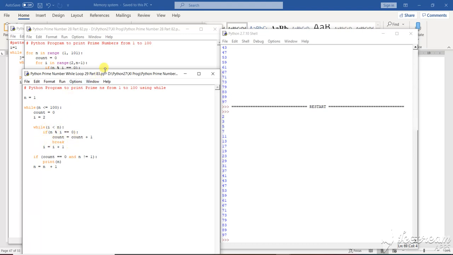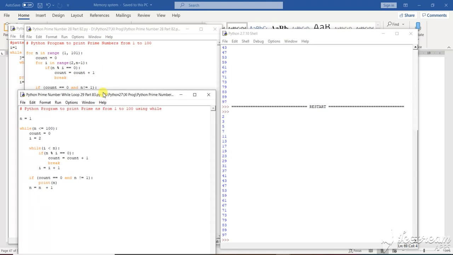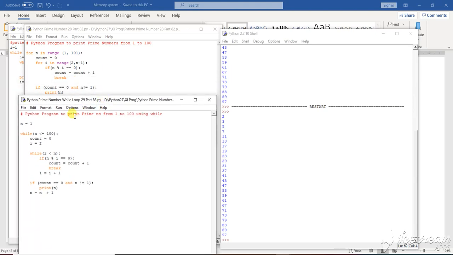Okay, how is the inside loop running? n divided by i equals 0. So when n divided by i equals 0, this is the particular structure that is there. Okay, see here, this is the particular structure that has been used.